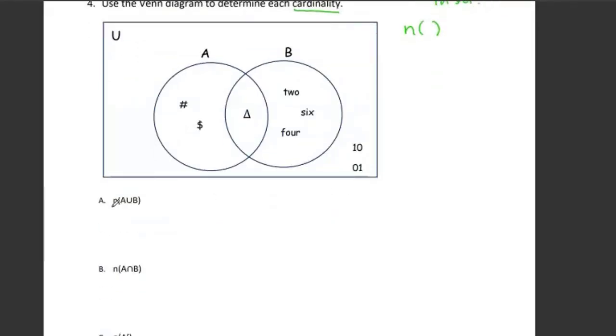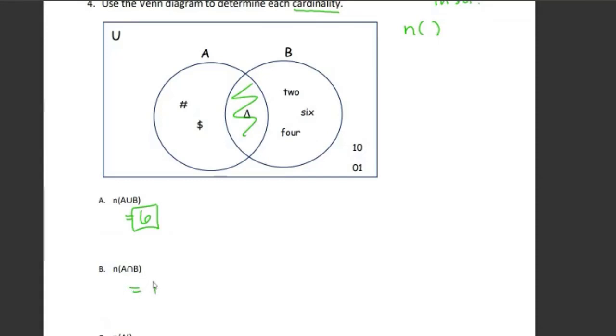So the cardinal number of the union of A and B, so A union B, remember, is everything in the circles. The cardinal number would be how many elements we have. So we have 1, 2, 3, 4, 5, 6. The intersection of A and B is that middle piece where they intersect.